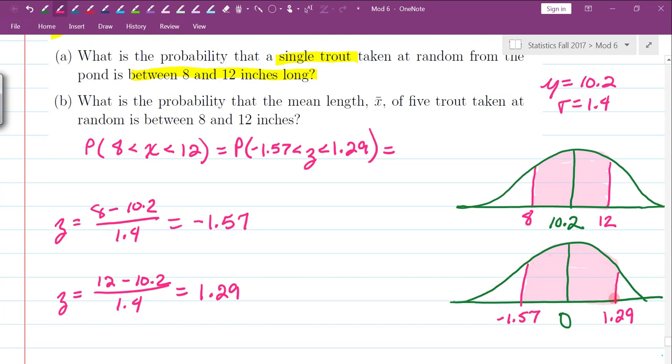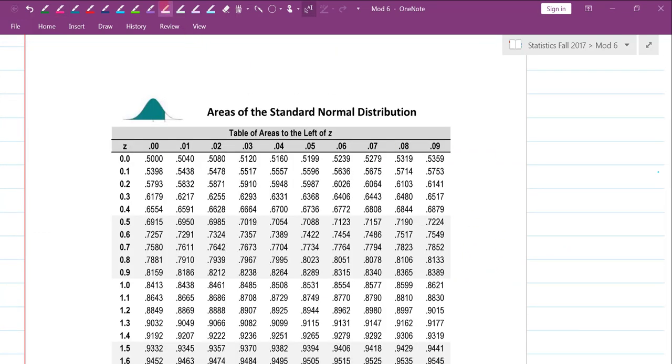So let's look up 1.29. Here we are. Remember, our picture shows us the area that the tables are going to give under the curve. So we're looking for 1.2, and then 9 is over here. We look at the intersection of those two, and I have 0.9015.